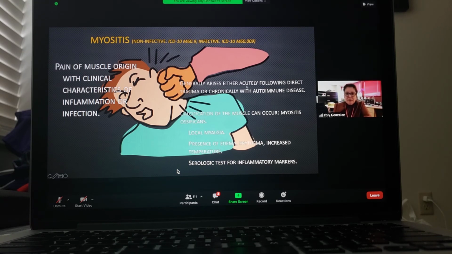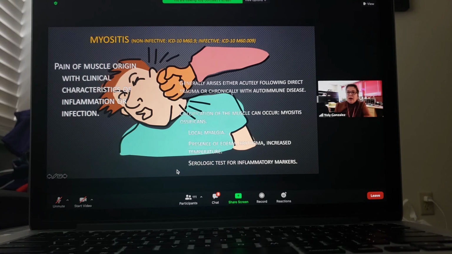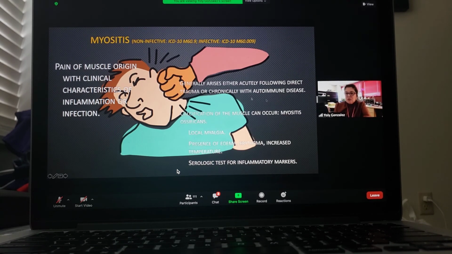And it's important to remember that it has to do with direct trauma, although it has been associated as well with chronic autoimmune diseases that may cause secondary muscle inflammation. The first one that comes to my mind is RA, in which you can have a secondary myositis.